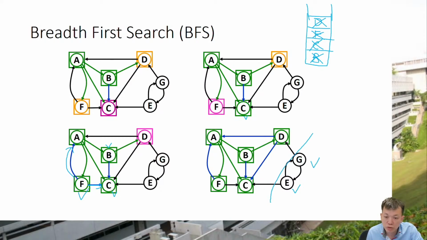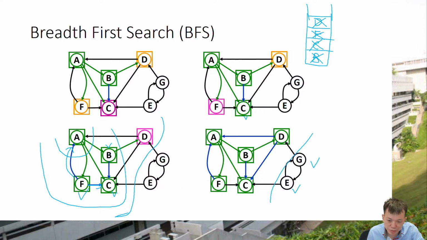But for sure, this level must be visited first. You visit A, then the next one will be B, C, or F, in any order. Then after that, the next level will be D. E and G are not neighbors, so there is no way to visit them.